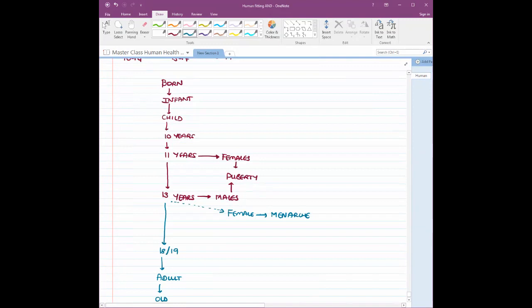So generally, guys, when we talk about your 13 to 19 years, starting from your 12 years, this is nothing but your teenagers. But when we talk about adolescence, guys, adolescence is going to cover everything from here.